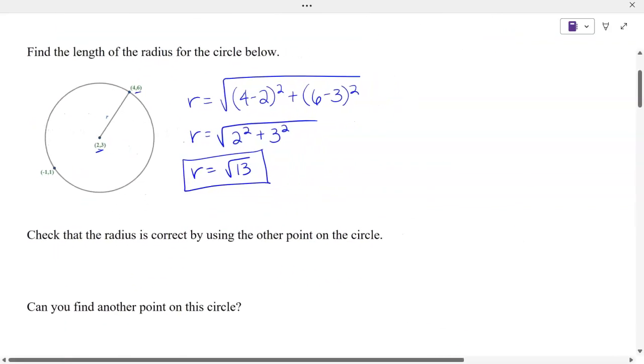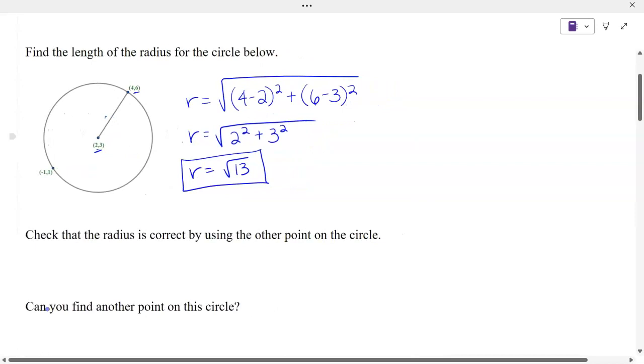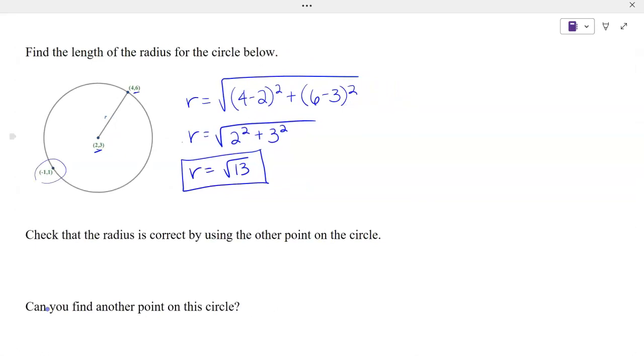And so now they want us just to double check that this radius is correct using this other point on the circle at -1, 1. So let's plug the center and that point in to our distance formula to see if it's still the square root of 13. So we're going to do the difference in the x value. So we're going to do 2 minus a minus 1.